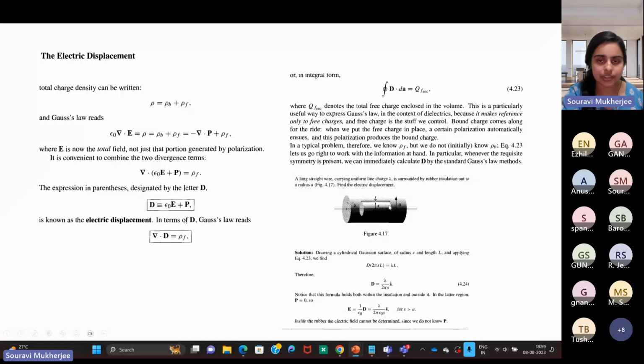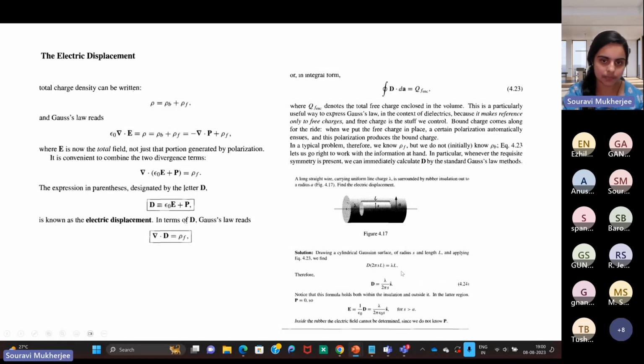Now you want to find the electric displacement. How do you do that? Again, you consider this Gaussian cylinder of length L and radius S. The surface that is contributing to the integral is the curved surface, and its area is 2 pi S into L. So D dot dA is D into 2 pi S L, and that is equal to the total charge enclosed in this region, which is lambda, your line charge density, into the length.